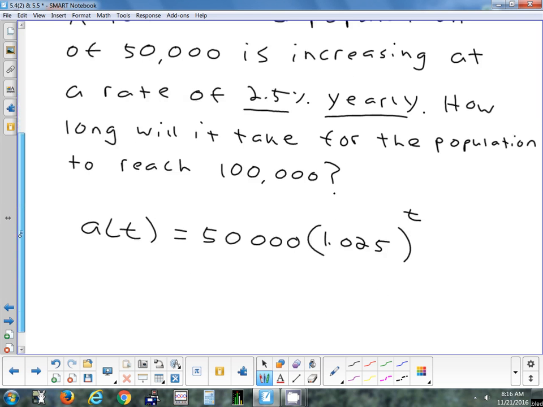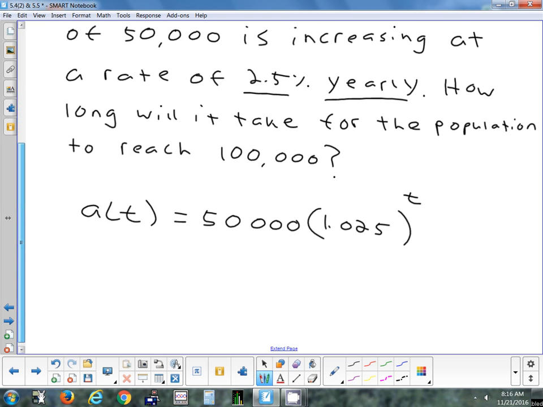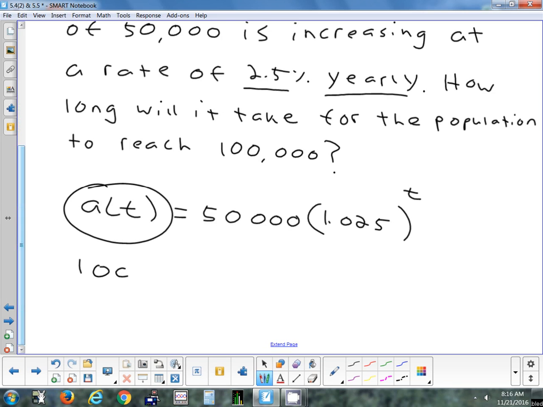All right, and we want to know when the population is 100,000. So where does the 100,000 get plugged in? At the A of t. That's the amount of people as a function of time. Or you could write P of t, population as a function of time. However you want to write it. Okay, so we have 100,000 equals 50,000 times 1.025 to the t.